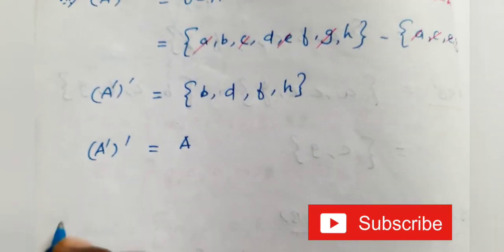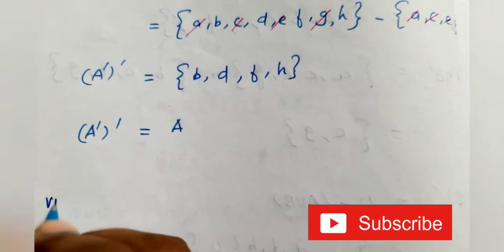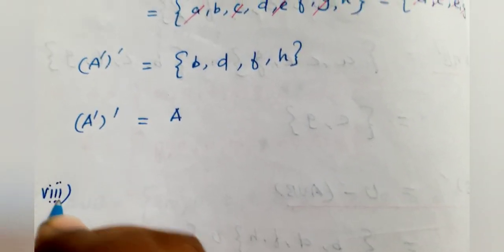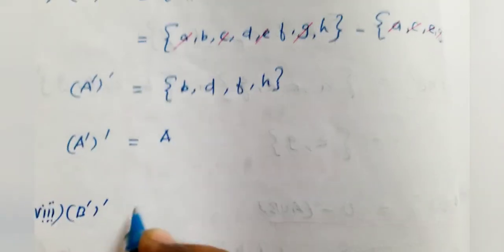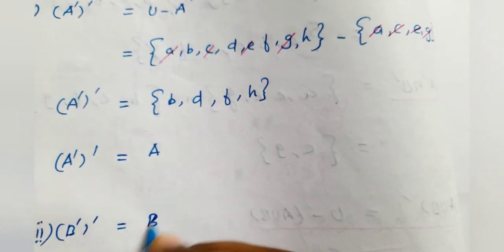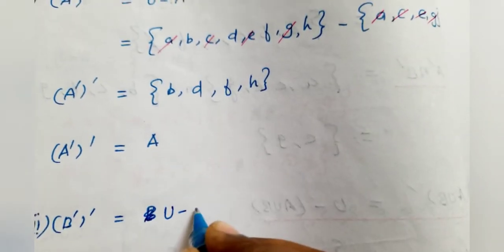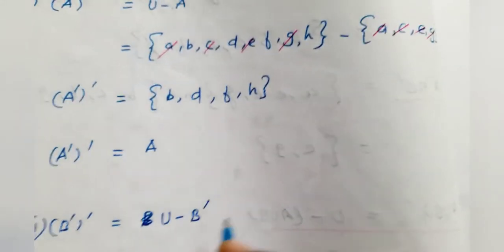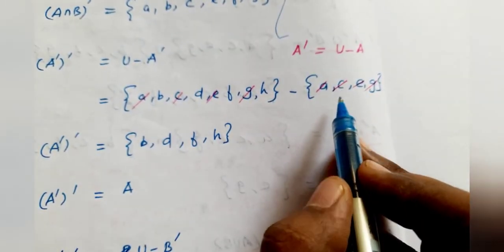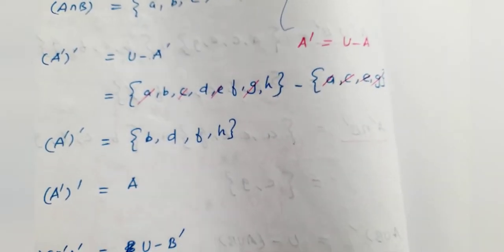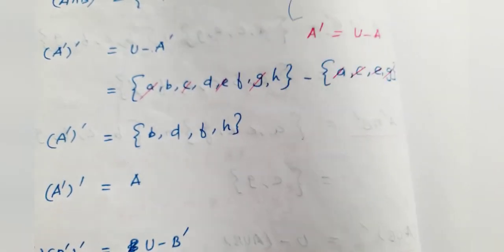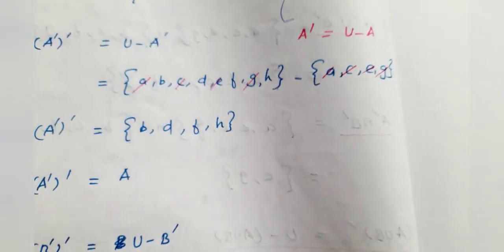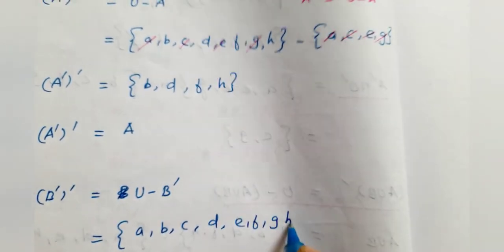Now we shall move to the next subdivision, B dash the whole dash, that is U minus B dash. So universal set A, B, C, D, E, F, G, H minus B dash.